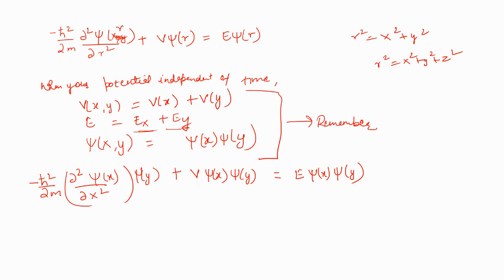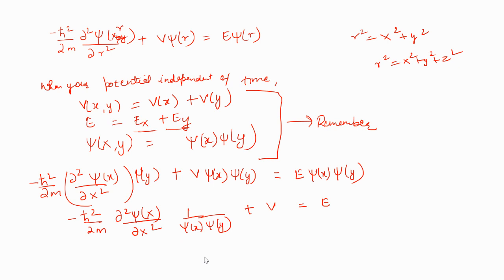Take the E psi to the left hand side: minus h cross squared upon 2m, d2 psi by dx squared, 1 upon psi x, plus V is equal to E. Okay, any problem?